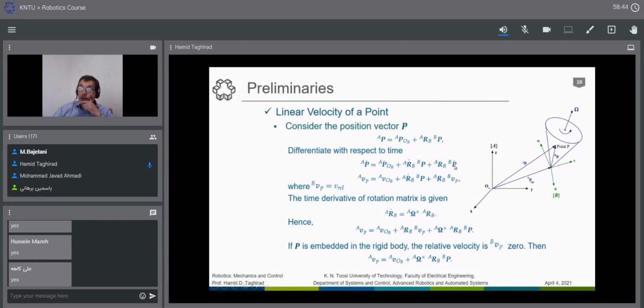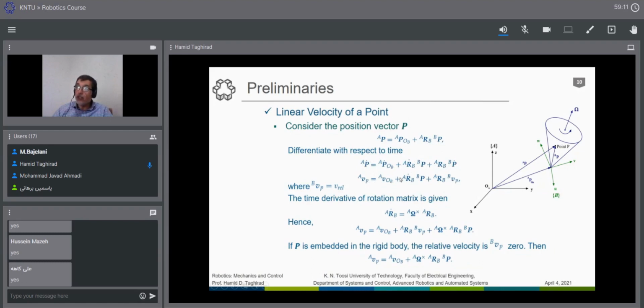And this derivative of P with respect to frame B is different from the derivative of P with respect to frame A. This is the absolute velocity. This is the relative velocity, since we are measuring P with respect to point B. So this gives you a general relation between the relative velocity and absolute velocity.